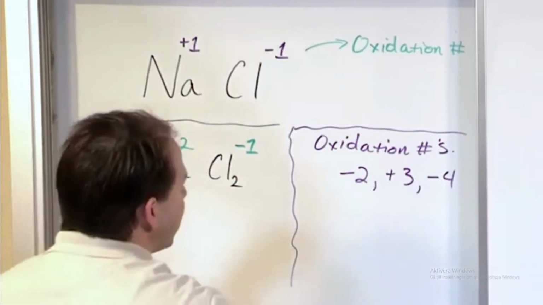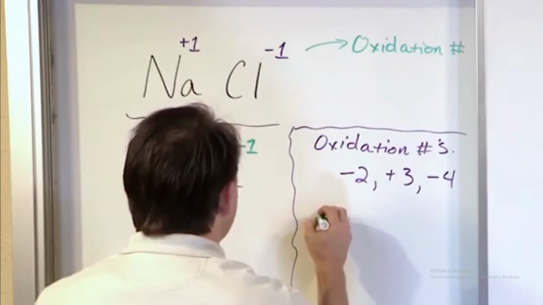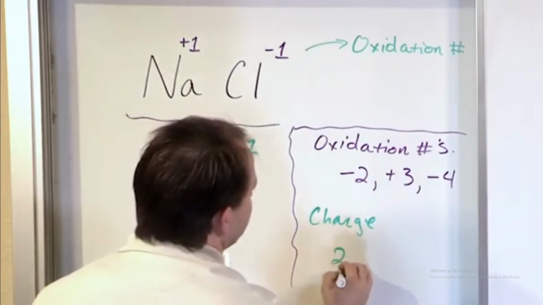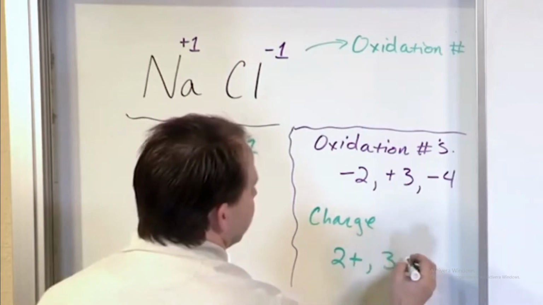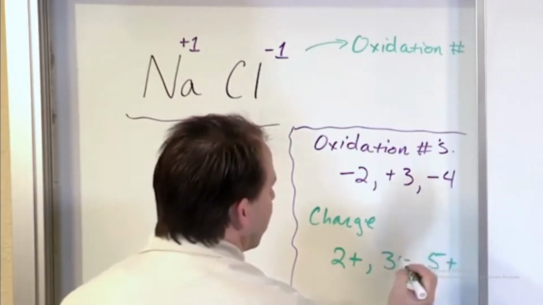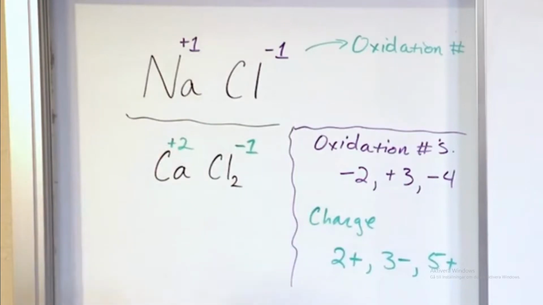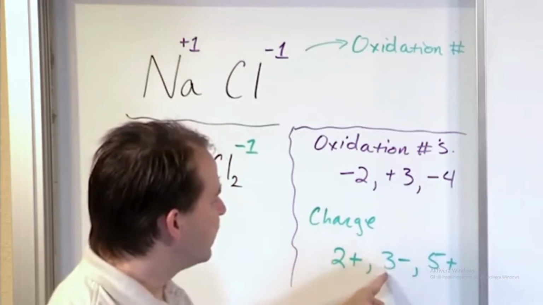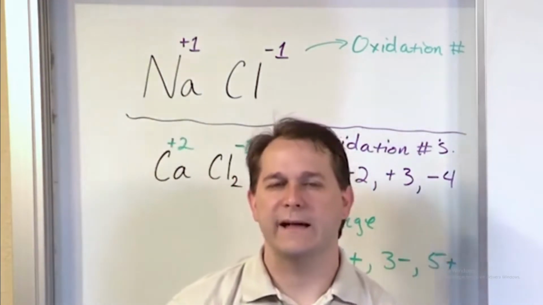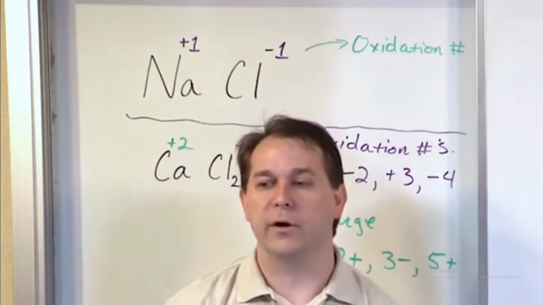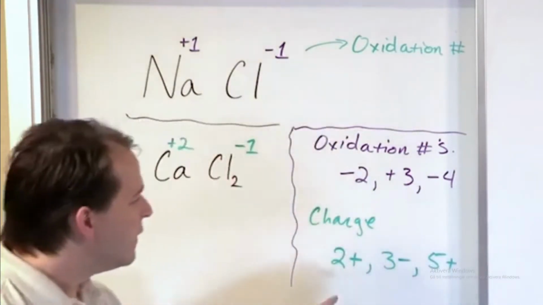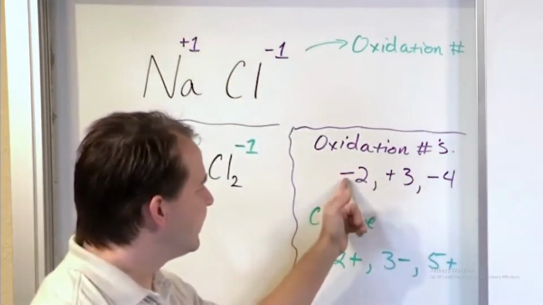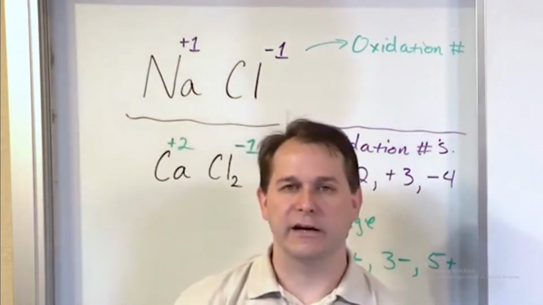Okay, back from before when we did the charge, we typically like to write that as 2+, 3-, 5+, whatever. So when you're talking about the physical charge on an object, typically you put the number and then the sign after, the number and the sign. Sometimes I've been consistent with that, sometimes I haven't, but that is really what you should strive for, and in your book it's probably going to have it written that way. So if you see a plus after, it's implying that that's the actual charge. Whenever you see a sign and then the number after, it's implying that it's talking about an oxidation number.